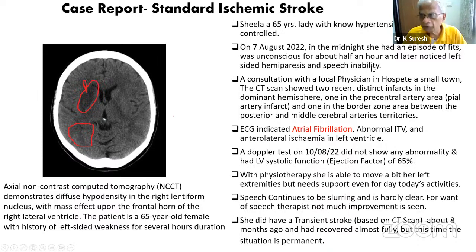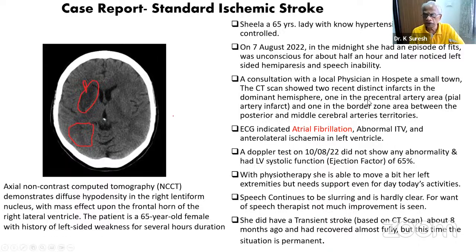By the time the family is able to resuscitate her, they notice left-sided hemiparesis and speech inability, what we call dysphasia or aphasia. In dysphasia there is difficulty in speaking, and the words are not clear. Since it was midnight, the consultation was done only the next day.